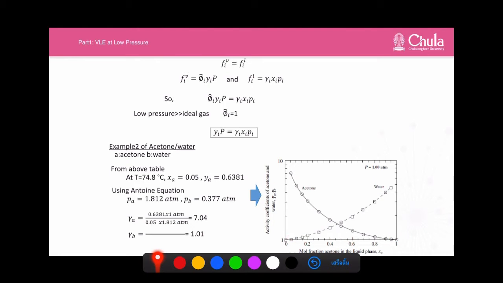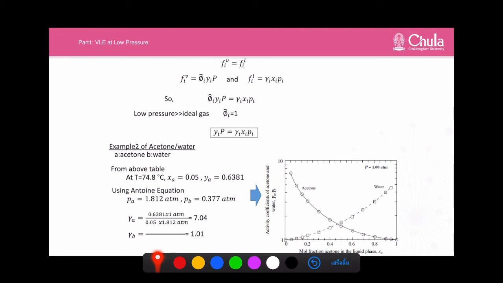For all points, the activity coefficient is greater than 1, and the activity coefficient approaches 1. Once the mole fraction of acetone reaches 1, which means here we have pure acetone, the activity coefficient of acetone becomes 1.